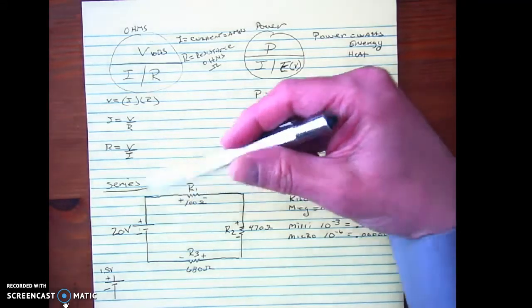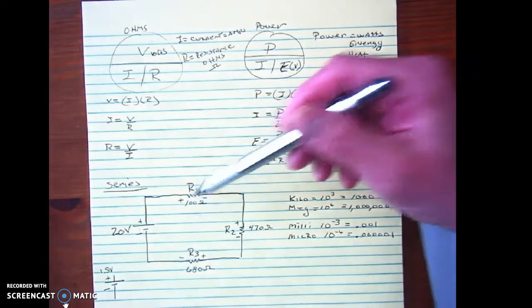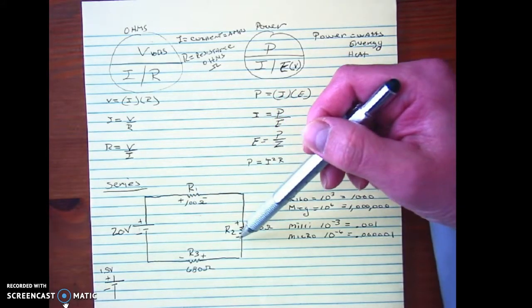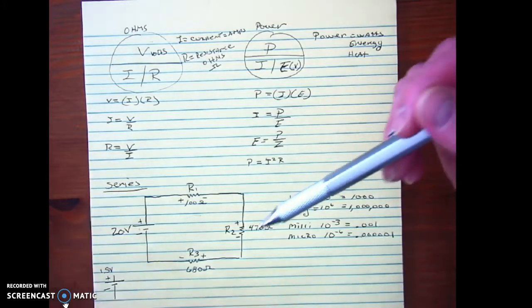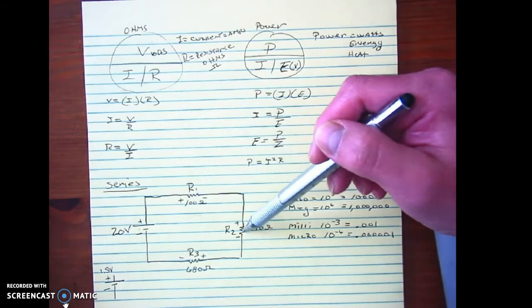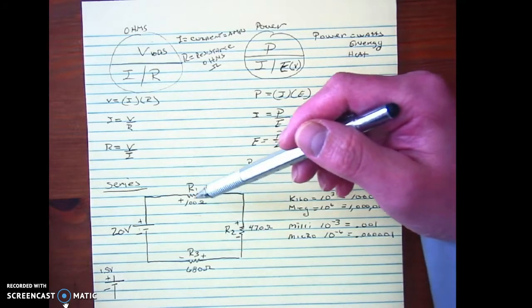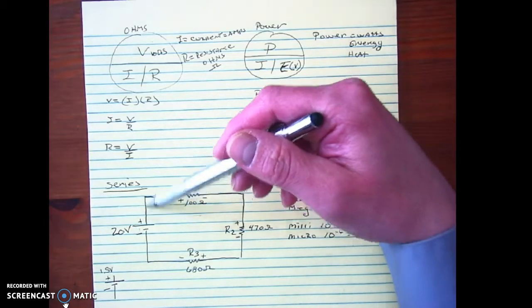And we actually use millis, milliamps or microamps here. R is resistance, and that is in ohms. And we do have the omega symbol. And then V is in volts. And what we're going to do is use E instead of V in the power. So just keep that in mind.